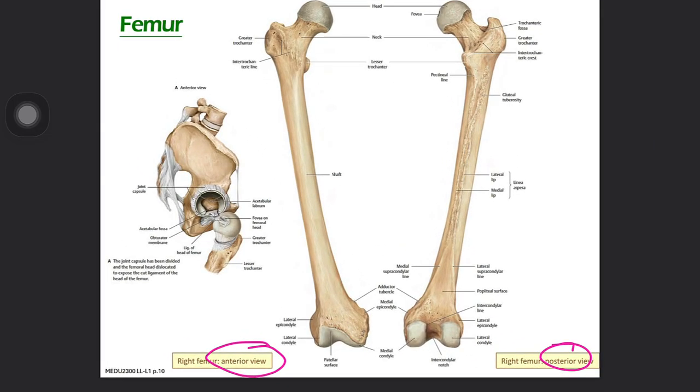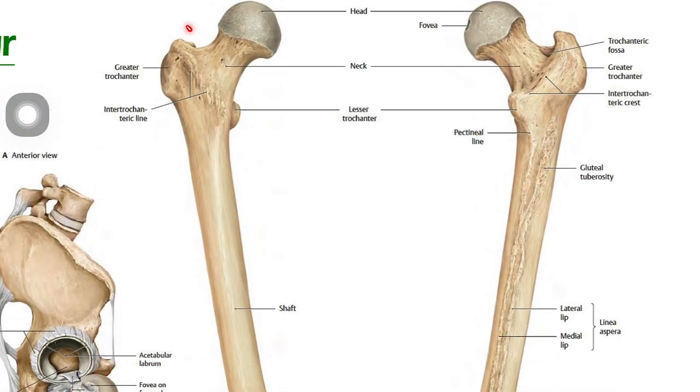And what's more about the femur, anything else I need to tell you? I think that's all. These are the greater trochanter and the lesser trochanter. If you stand on one side and cross your leg like this, you should be able to feel your own greater trochanter.